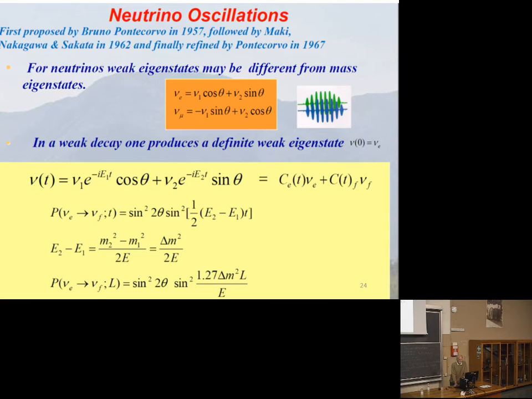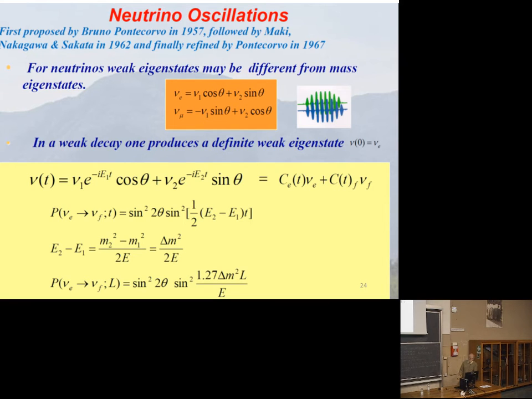So in a weak decay, we produce a definite weak eigenstate. That's a word from quantum mechanics, but I have to use it. So then in a state when I have the neutrino as a function of little t, that's time, because of these angles, it's a combination of these two.